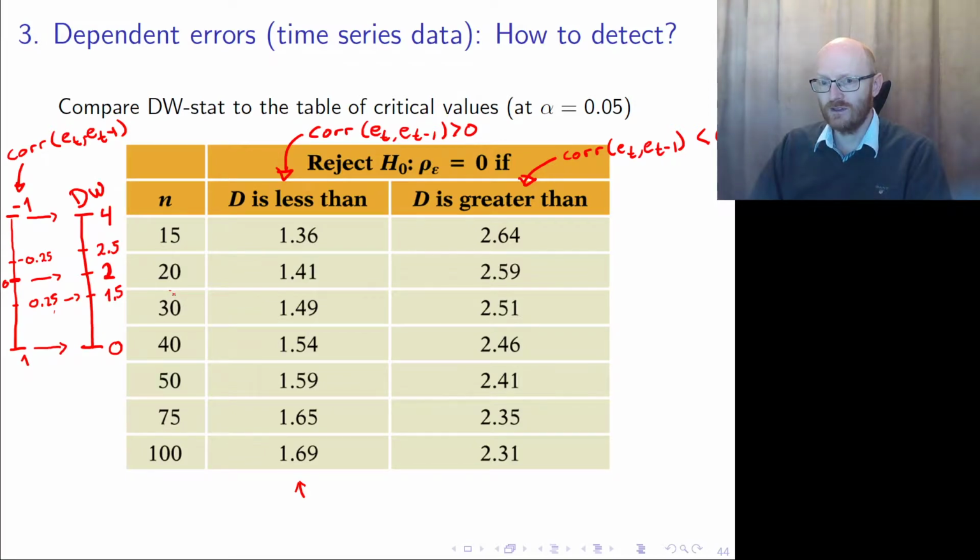we would rather err on the downside than the upside, or we would rather have a wider confidence interval than a too narrow one, which means that even though 30 is closer to our number of observations, we are going to use the row for 20 observations, because we are erring on the conservative side.